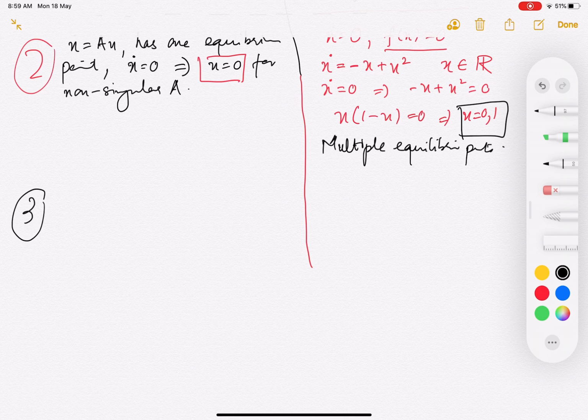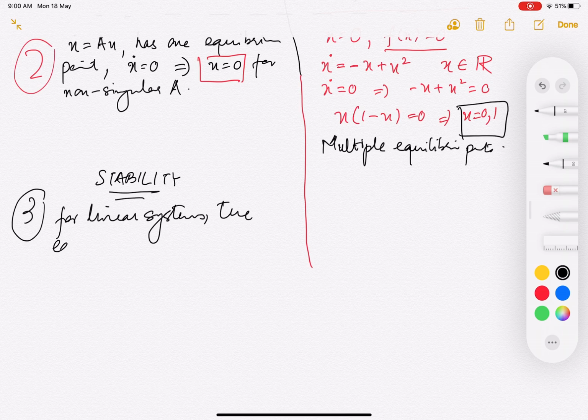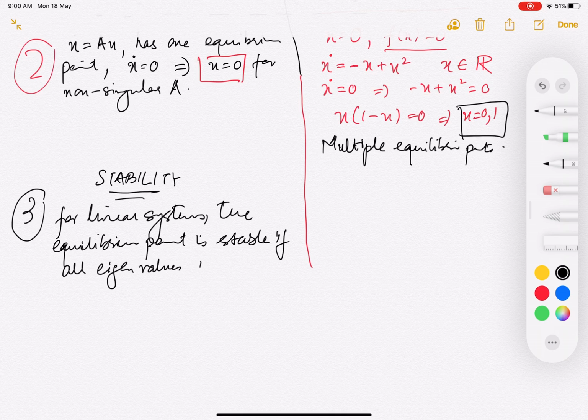So, stability for linear systems: the equilibrium point is stable if all eigenvalues of A have negative real parts. We have already seen this.